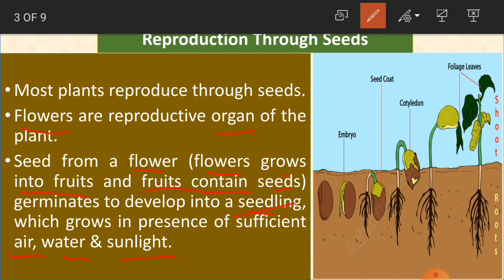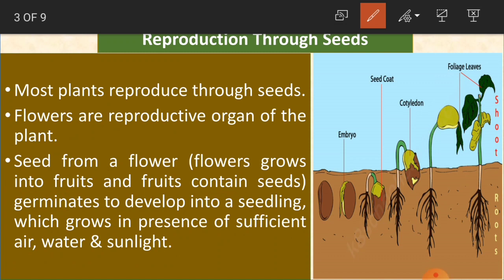Okay children, and now when this seed is germinated, then it is going to give us a new plant. Now see, children, how the seed is going to take birth as a plant here.